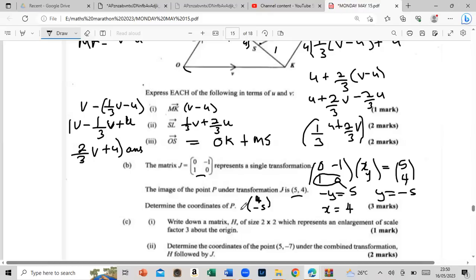Then, write down a matrix H of size 2 by 2 which represents the enlargement of scale factor 3 about the origin.